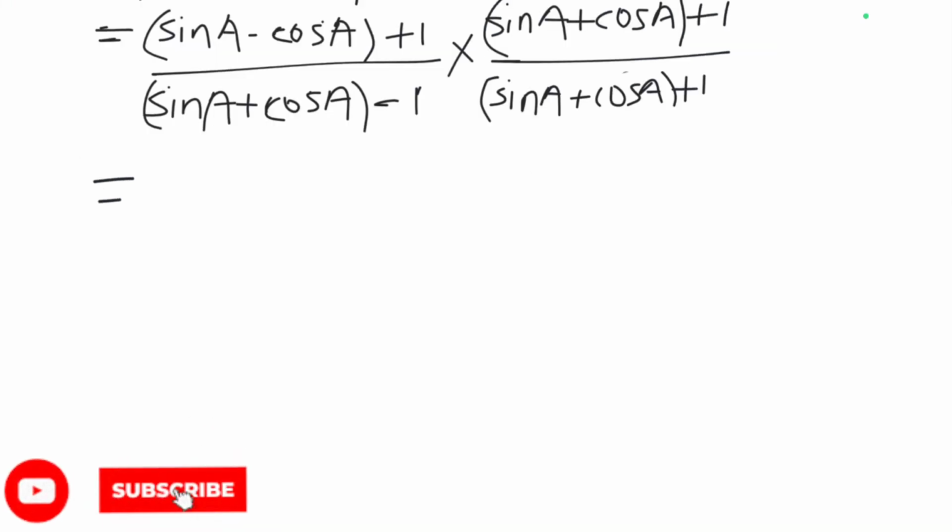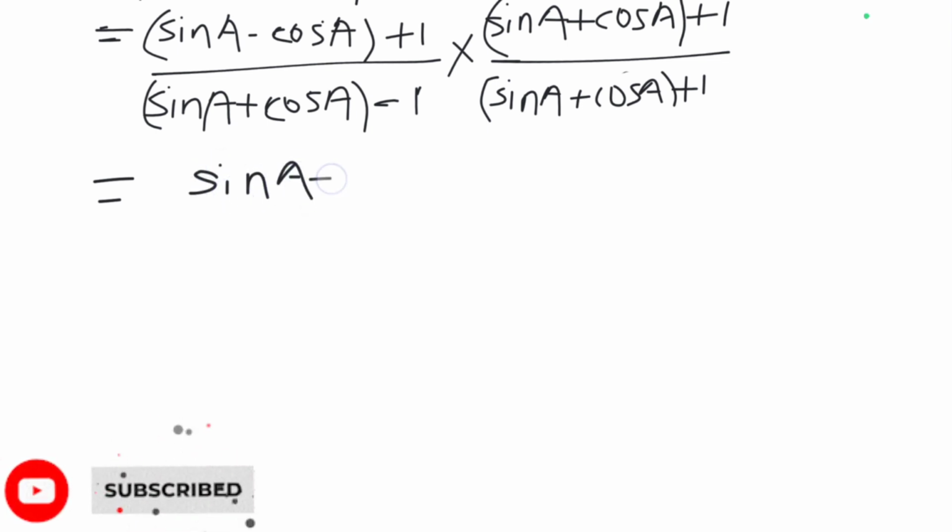So we have sin A minus cos A plus 1 times sin A plus cos A plus 1. Now you can see that in this numerator, sin A, plus cos A, and 1 are the positive terms, so I will take them together.